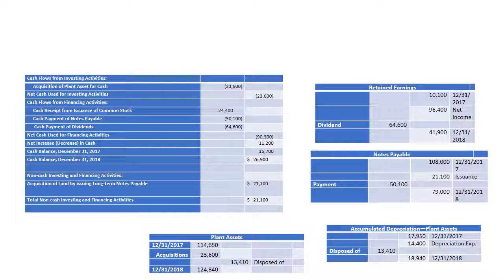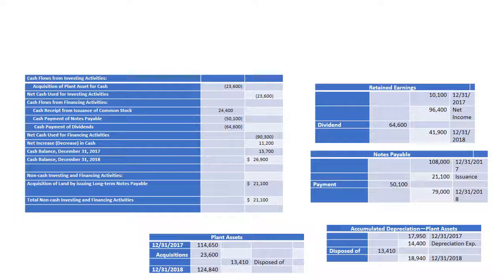But that doesn't mean they bought $10,190 in assets. No, we need to know, did they get rid of anything? And they did. They disposed of a plant asset that had a cost of $13,410. So during the year, they credited plant assets $13,410. So if I take the 114,650 minus 13,410, I get a balance of 101,240. However, the true ending balance is 124,840.